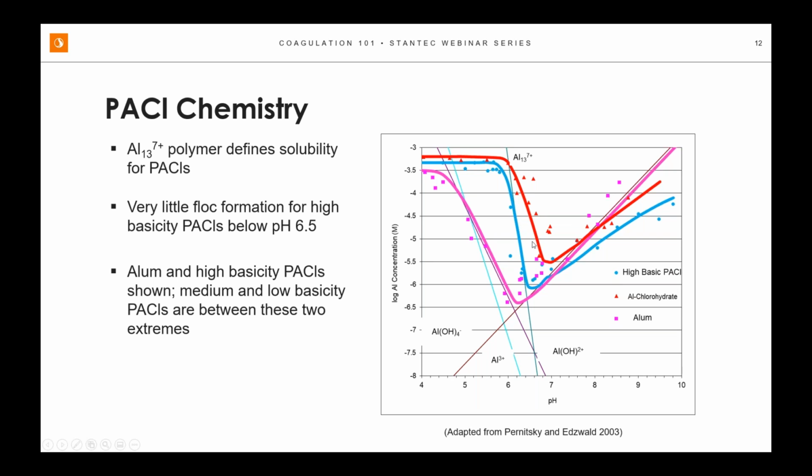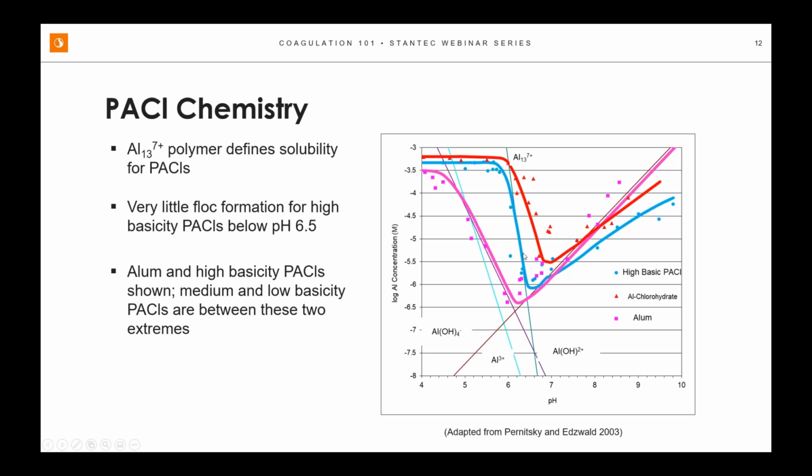These are the theoretical lines for the different species. Your aluminum 3+, 2+ and 1+ are the monomeric aluminum that you'd expect to see in alum. Here's the theoretical solubility line for that aluminum 13 polymer. That's what your high basicity PaCl tends to follow.